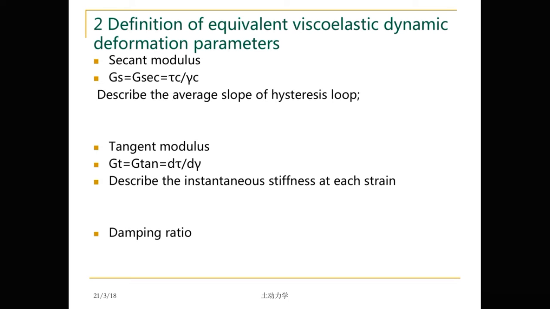We draw a tangent line, and the slope of this tangent line is just the tangent modulus. This value is the instantaneous stiffness at the corresponding strain.